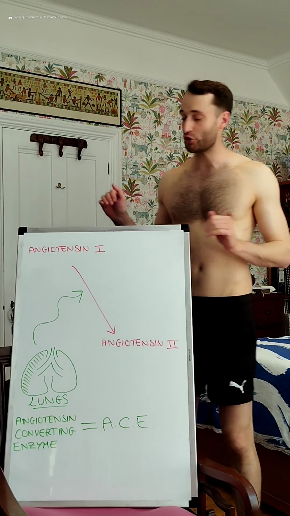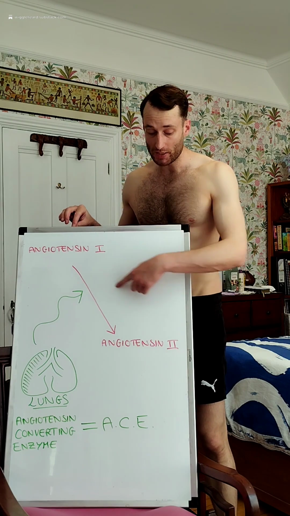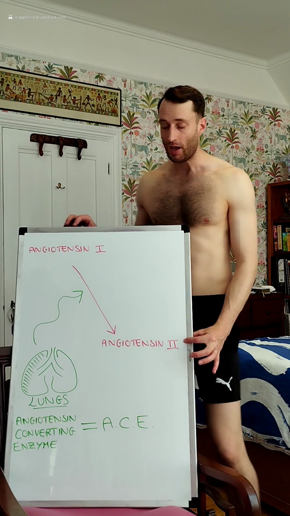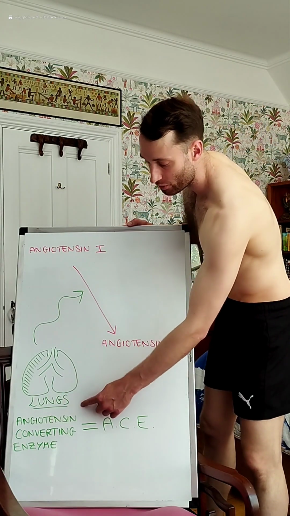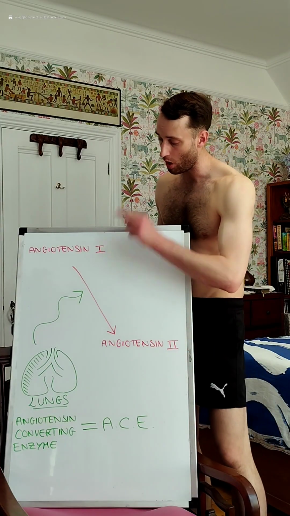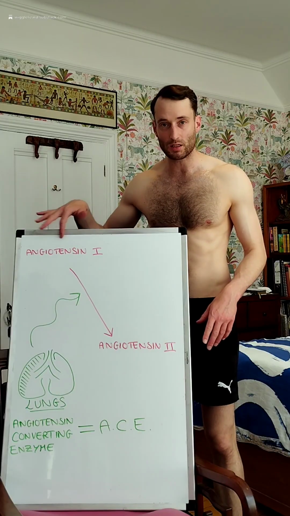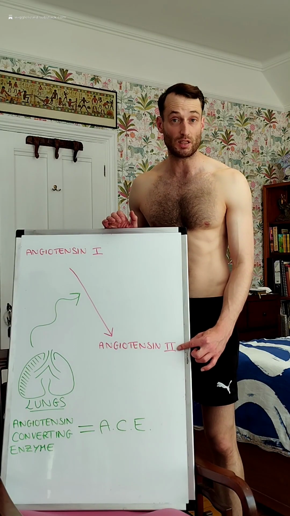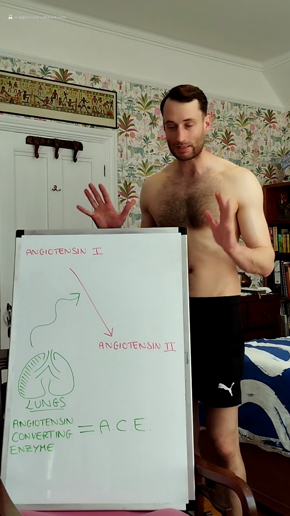Then onwards on the journey, we have angiotensin 1 and it turns into angiotensin 2, with an enzyme from the lungs called angiotensin converting enzyme, which turns 1 to 2. We don't really care about angiotensin 1. What we like is angiotensin 2, because that's the main player in the R.A.A.S system.